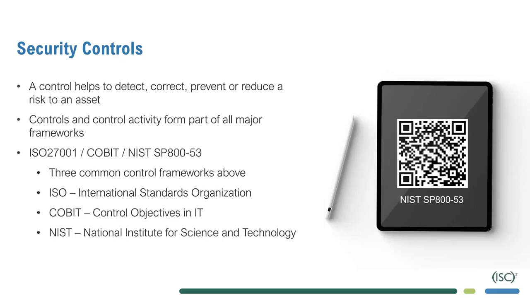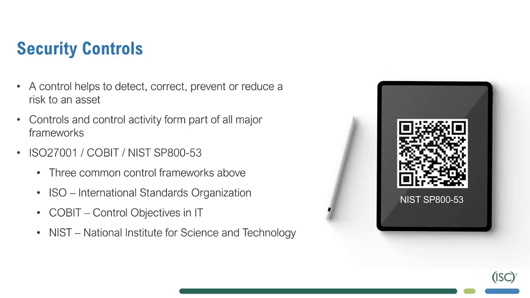Control objectives in IT, COBIT, is managed by ISACA. ISACA as an organization grew out of audit. So when finance systems were paper-based, there were controls to manage the accuracy of finance data. When computers started to store finance data in the 1960s, 70s, at that point, auditors realized that we needed to control our IT environment.